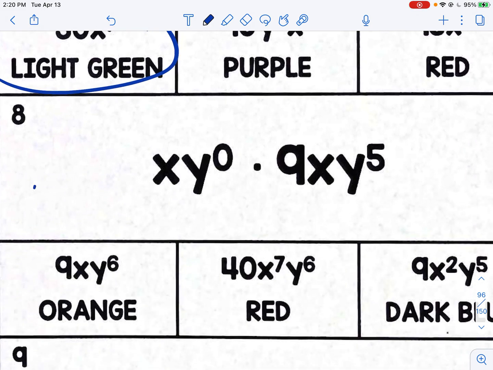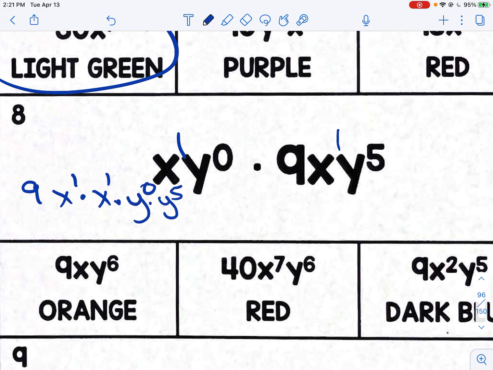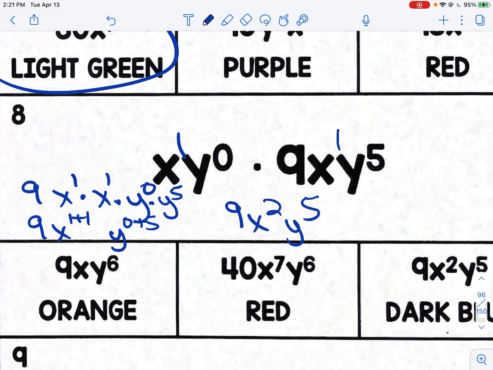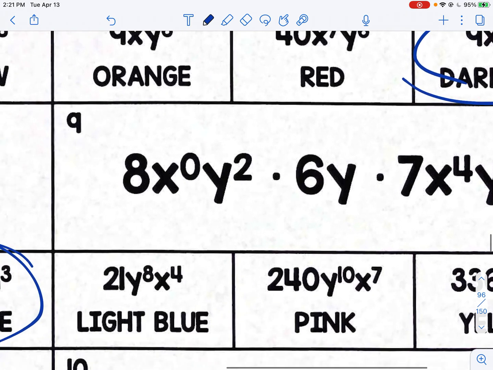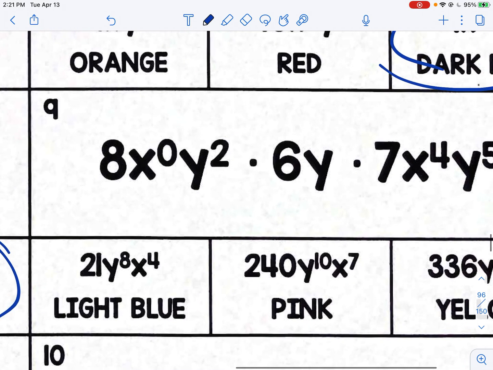This one, we have a 9, then we have an x, that's to the 1st power. This is to the 1st power. Make sure you're remembering those first powers. That's to the 0, this is to the 5th. So I have 9, x to the 1 plus 1, 0 plus 5, so 9x squared, y to the 5th. And this one.